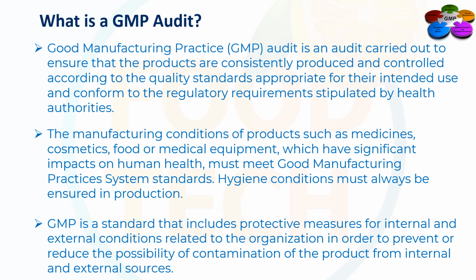So it checks whether the additives added are, first of all, permitted, and also whether they are added at a permitted level. This is what the last line says: conform to the regulatory requirements stipulated by the health authorities, so that the additives added to the product do not harm the health of human beings.